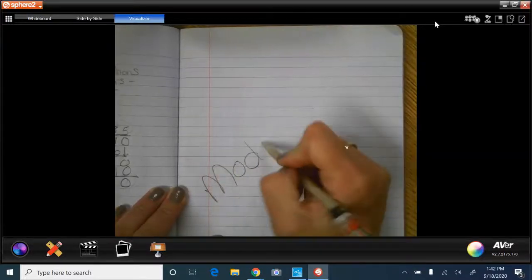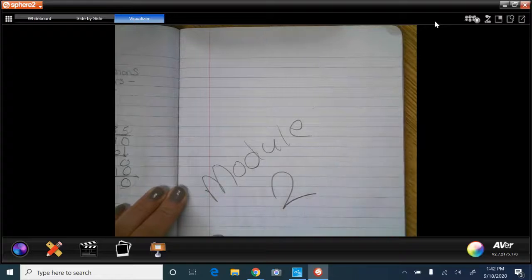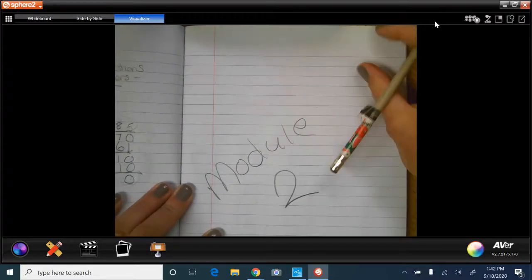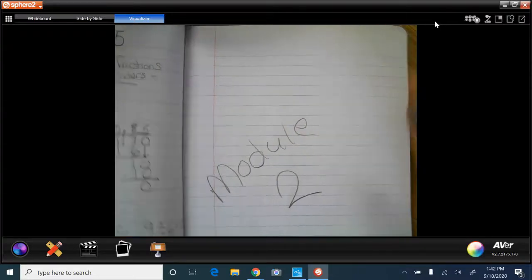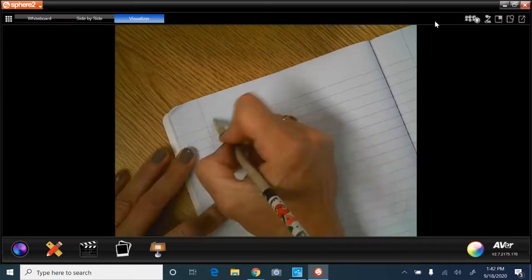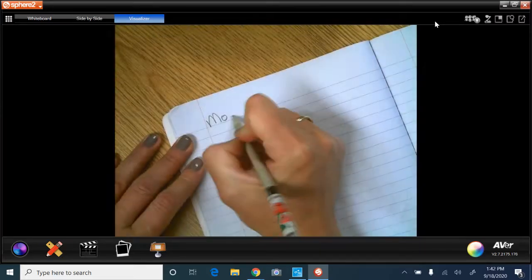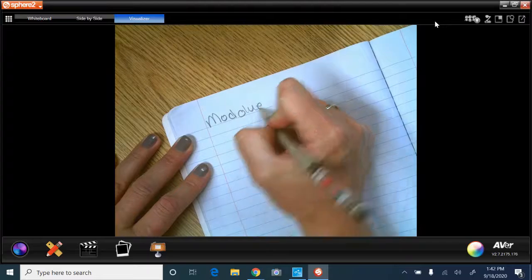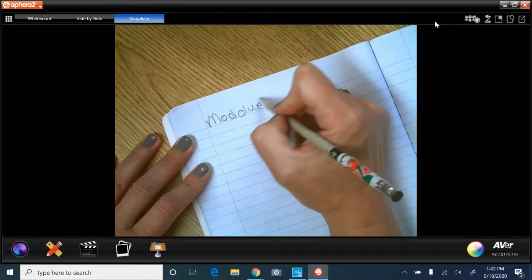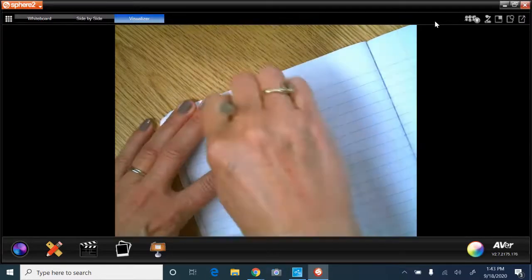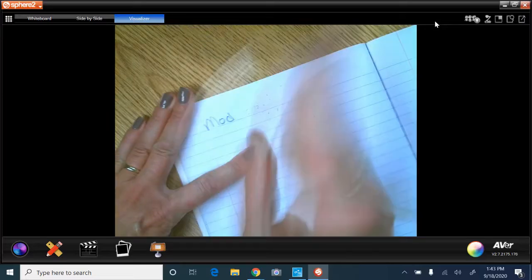Right, we're in Module 2. We're all done with Module 1, so I'm just using one page to write the word Module 2. It just gives me a reminder. And we are moving on to Module, M-O-D-U-L-E. That was crazy spelling.